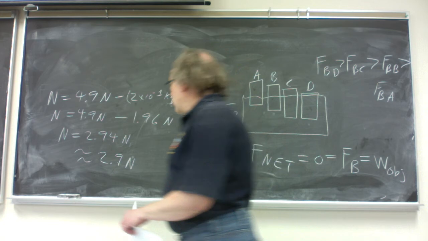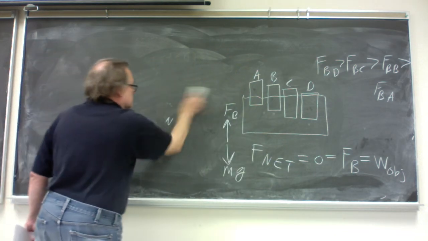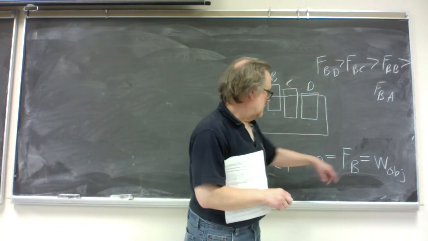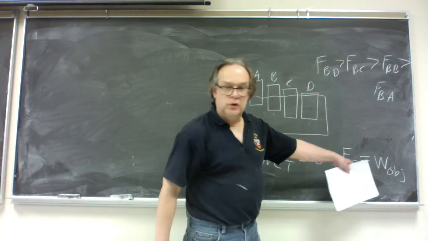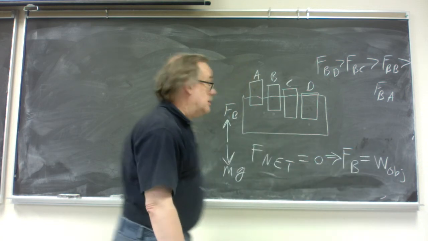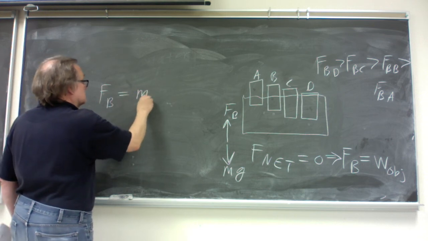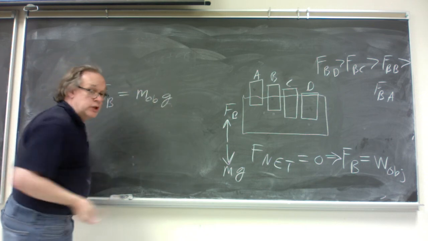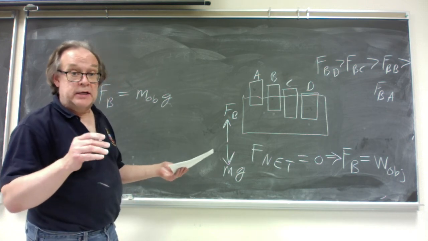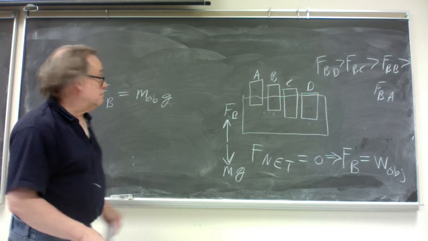Now, one important fact about floating, because if things float, the buoyant force and the weight of the floating thing are the same. Mass of the object times g, that's the weight of the floating thing. And again, let's do the same thing. Let's write masses as density times volume. Right?